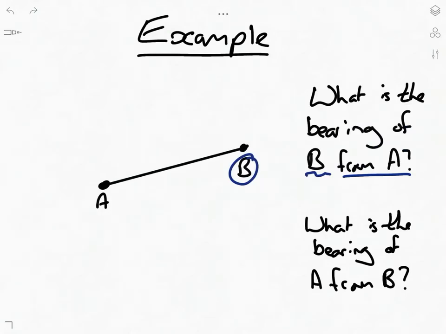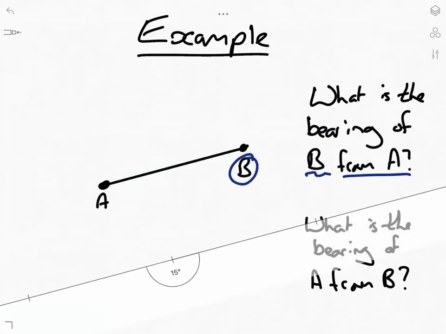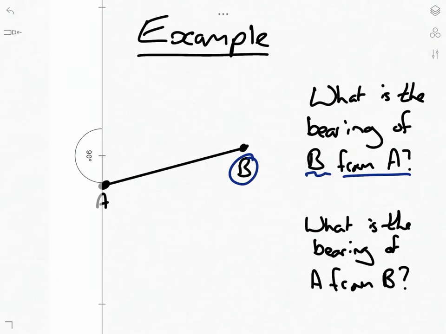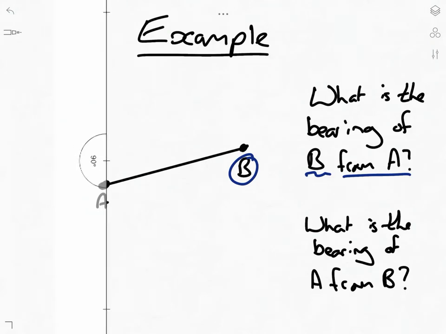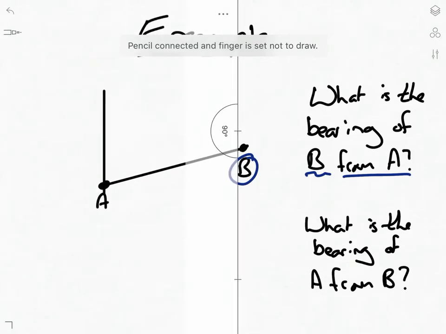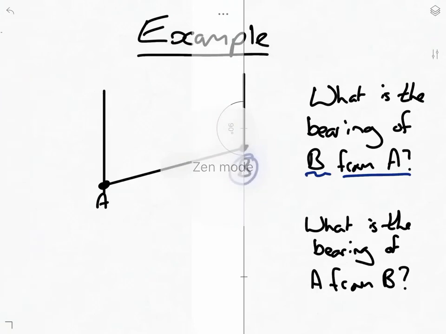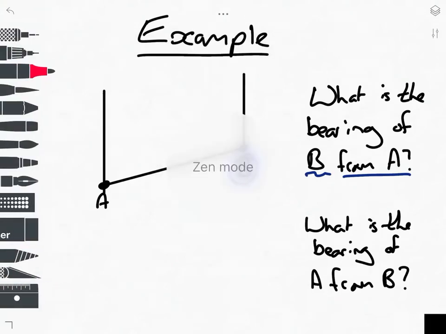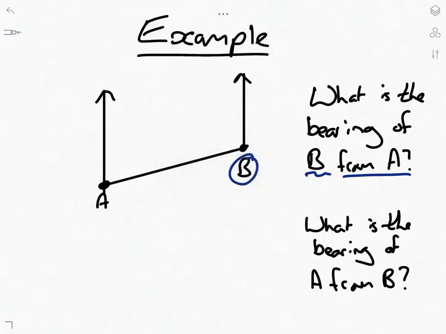This says we want B going from A. So I'm going to draw in the norths because we have to start at north. So here we go. This is north, this is north, and then we want B from A, so it's this angle here we want.